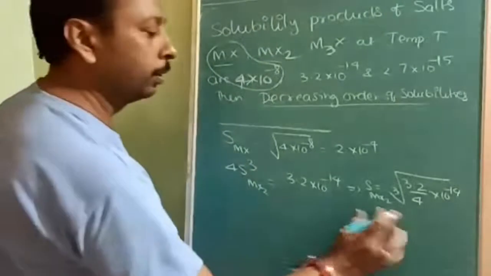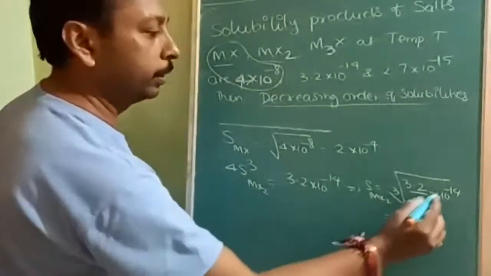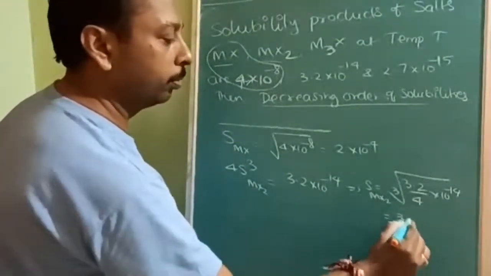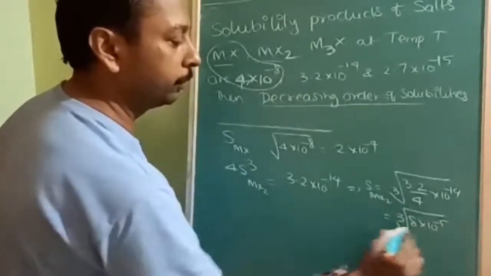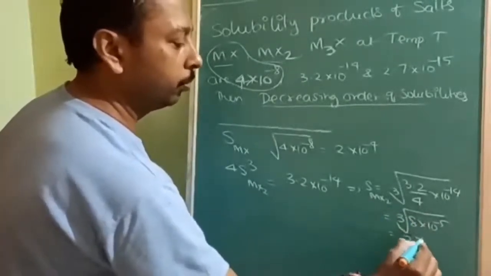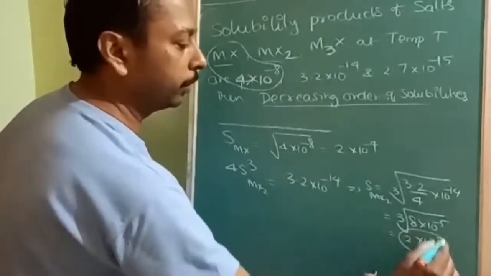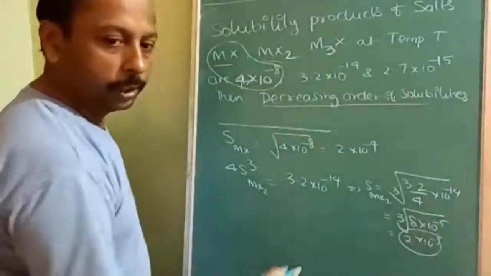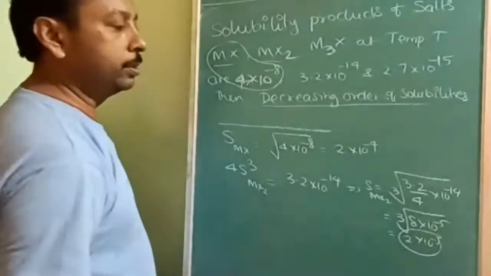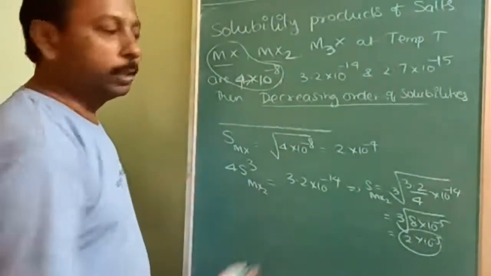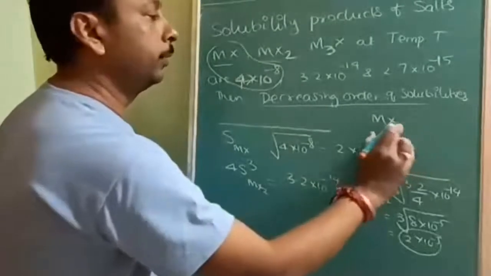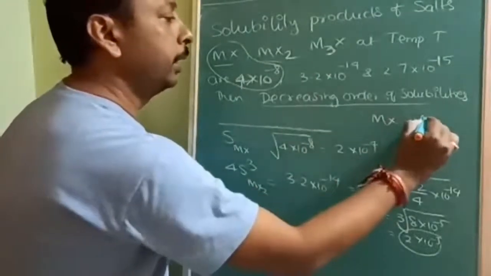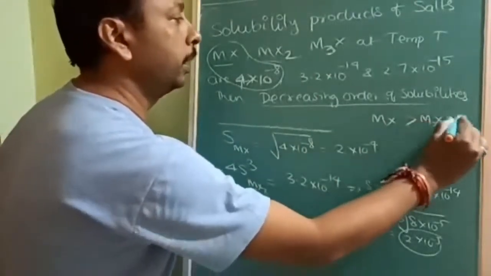So it will be 8 into 10 to the power of minus 15 under the cube root, so this will be 2 into 10 to the power of minus 5. Okay. So likewise, you arrange the solubility. If you find out, then the answer you will get is MX greater than M3X greater than MX2.